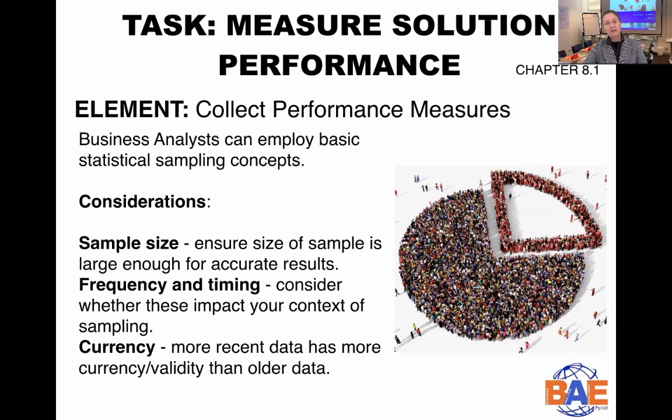Then if we look at frequency and timing, consider whether these impact your context of sampling. One example could be if you are working within a financial domain and you needed to get some data about the performance of transaction processing, you would probably avoid choosing your data around very high peaks only.